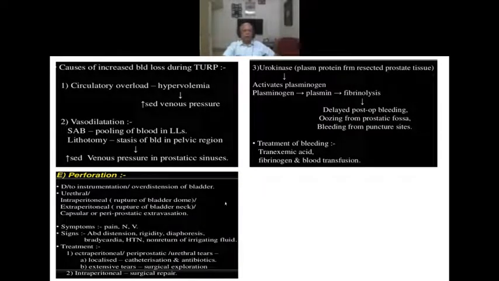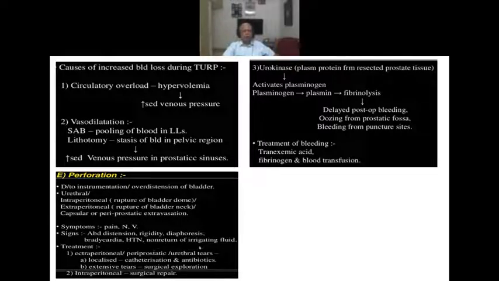Bladder perforation is another problem. It can happen as intraperitoneal or extraperitoneal. Intraperitoneal will happen if it is a rupture of the bladder dome. Extraperitoneal if it is a rupture of the bladder neck. Symptoms: abdominal distension, rigidity, sweating will happen only in this type. It can go on to bradycardia and hypertension.